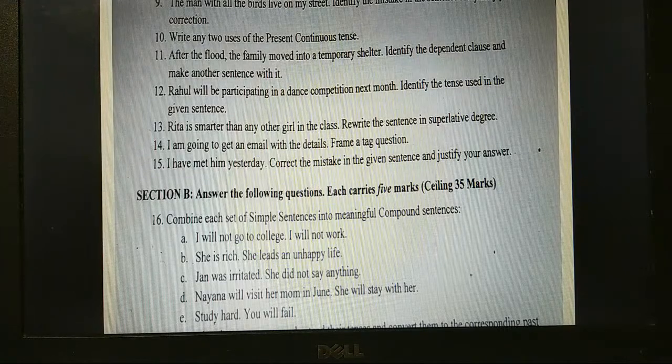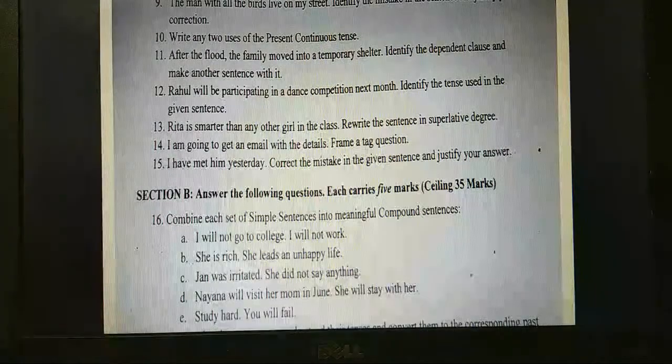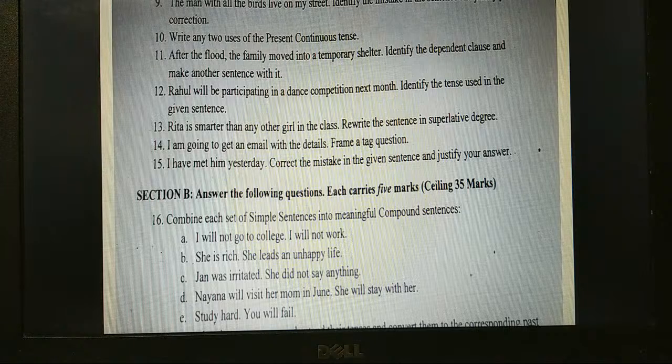I will not work. You can write this way: Neither will I go to college nor will I work. You are combining it with the coordinating conjunction neither, nor.